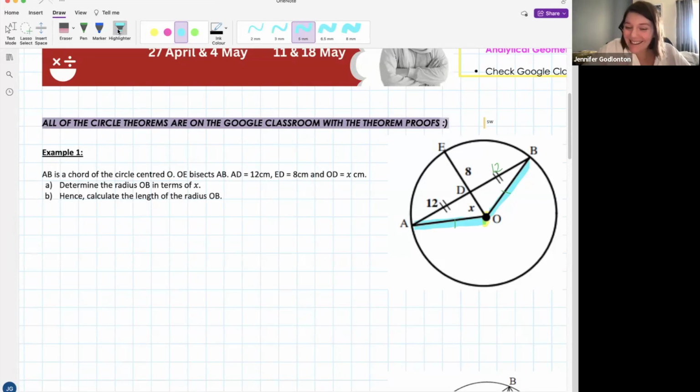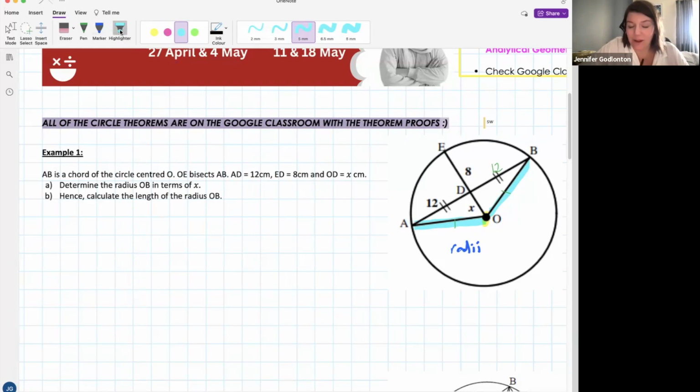Yes, exactly. They're radii. Beautiful. Okay. So they are radii. That means that they are going from the center of the circle to the circumference. Okay, so they are radii. There is another radius in this picture. What is it? What is my third radius in this picture?